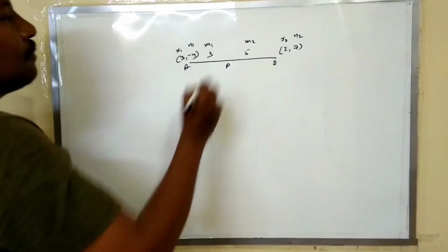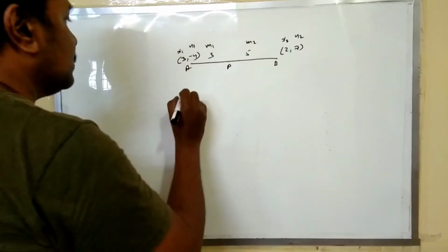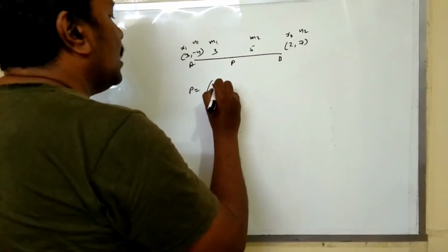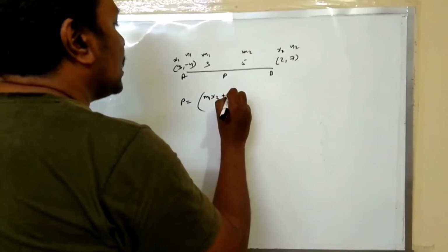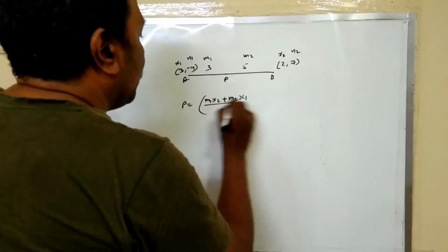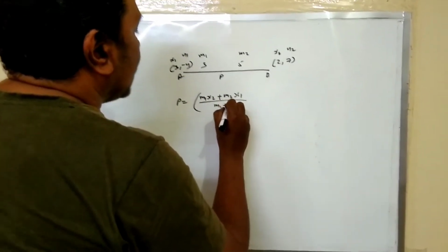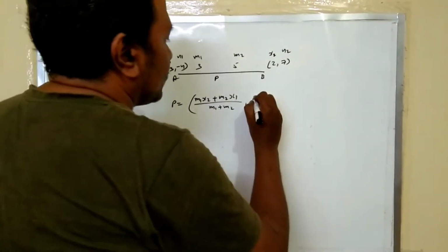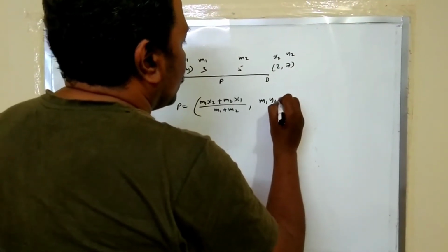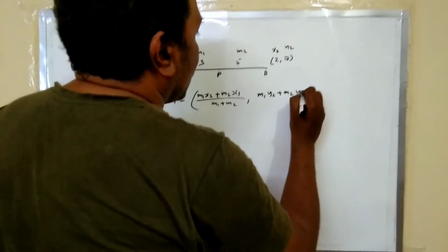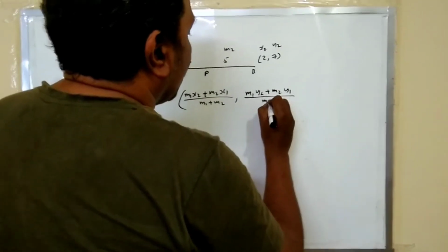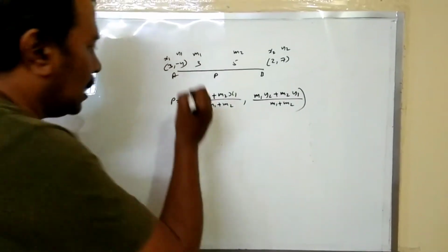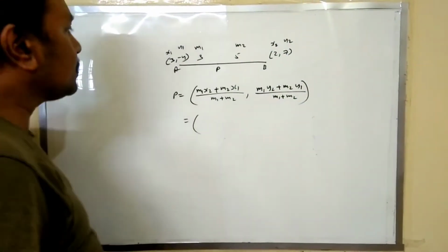I want to find the coordinates of P. You know the formula: the x coordinate is (m1 x2 plus m2 x1) by (m1 plus m2), and the y coordinate is (m1 y2 plus m2 y1) by (m1 plus m2). Now start applying this formula.